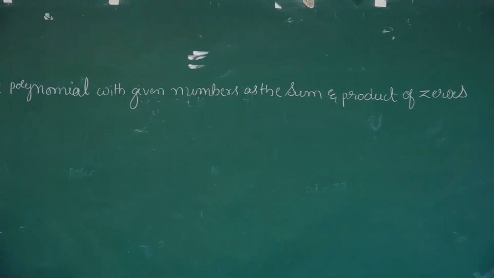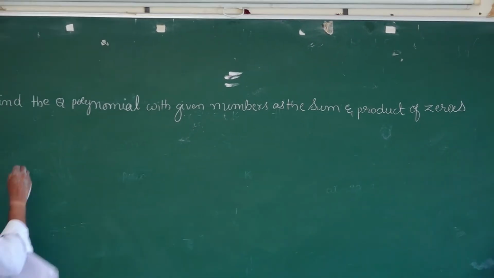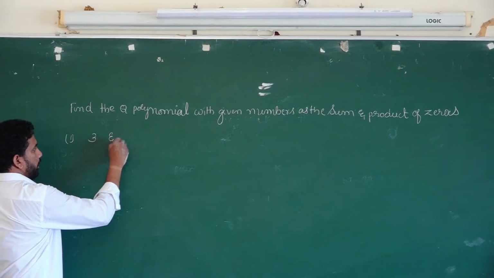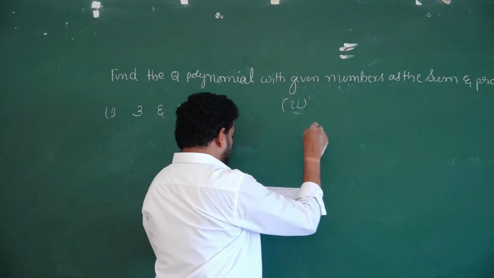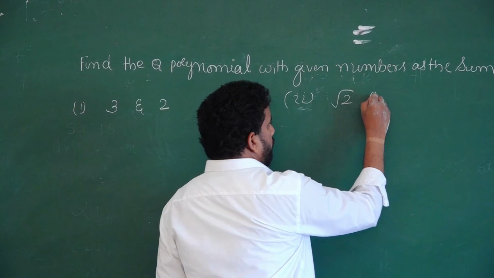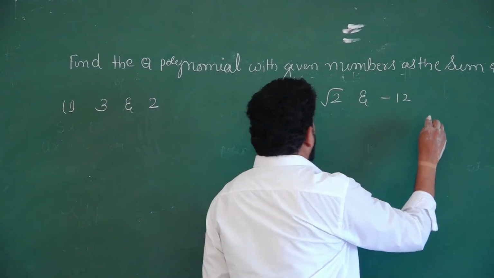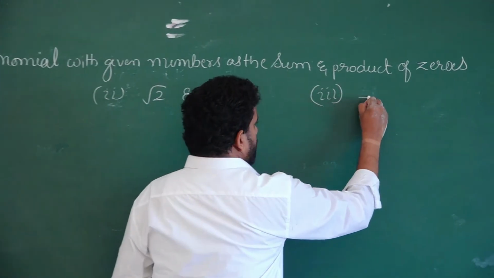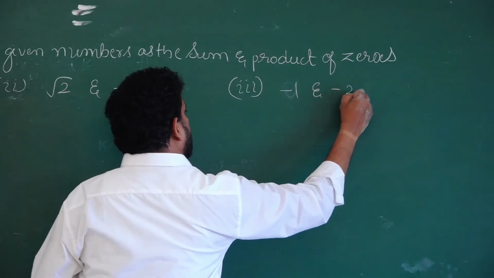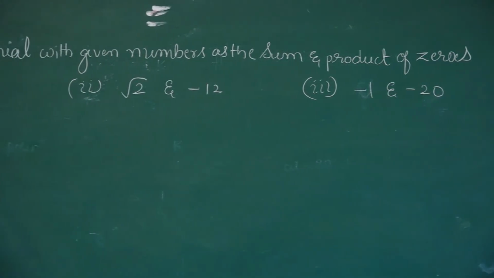So the first one they have given 3 and 2. The second one they have given minus 2 and minus 12, and the third one they have given minus 1 and minus 20. Okay, so here two numbers are given.